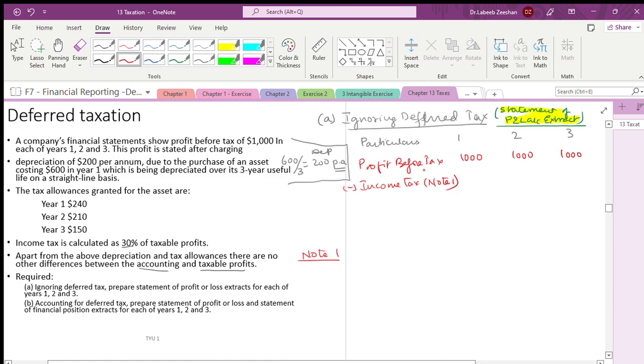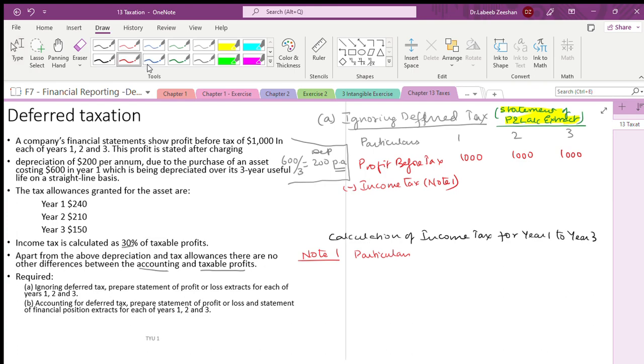Note 1. Particulars. Calculation of income tax for year 1 to year 3.